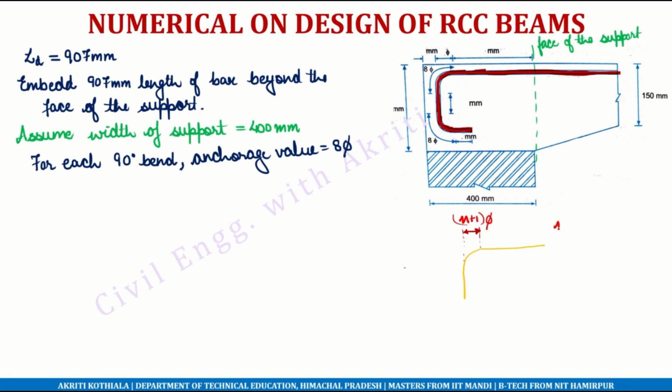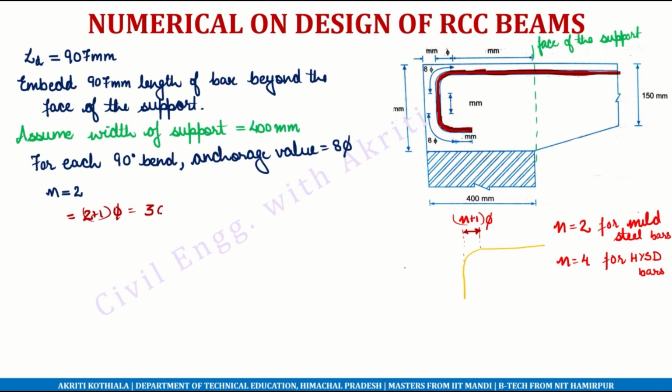The value of n is equal to 2 for mild steel bars and 4 for HYSD bars. Since in this question we are using Fe250 steel, n is equal to 2. So this horizontal distance is (n+1)φ, which is (2+1)φ, equal to 3φ simply.